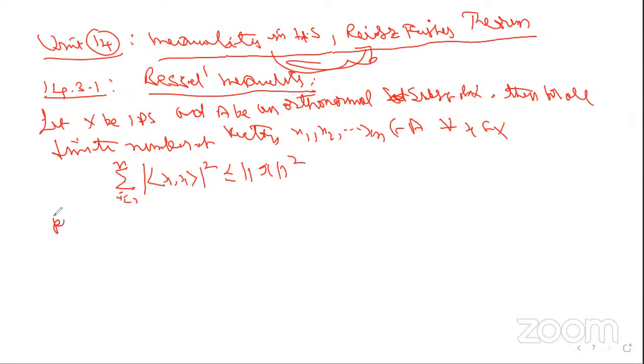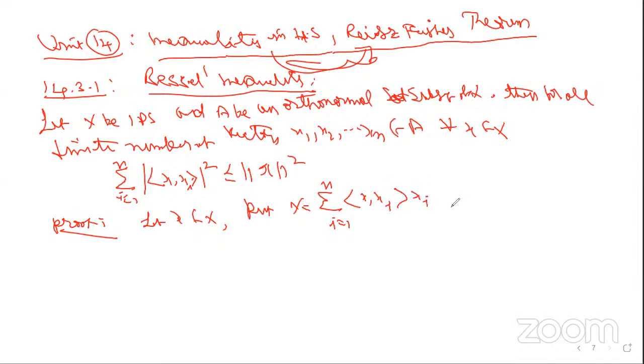Proof. Now, let small x belong to capital X. Put y equal to the sum from i equal to 1 to n of the inner product of x comma xi, times xi.